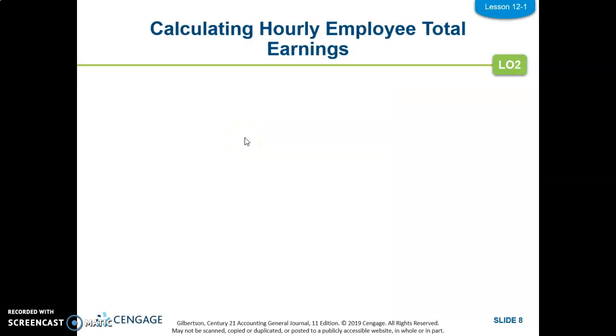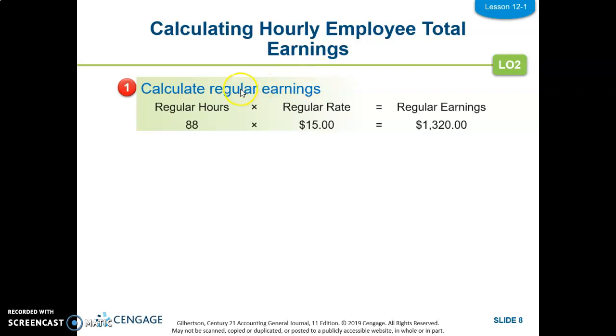It's most important that you really do understand this part, and I would take a few notes on this sheet as I'm talking. So this is doing the hourly earnings for an individual employee. First, I need to calculate what they made for regular earnings. This again is for 40 hours per week.